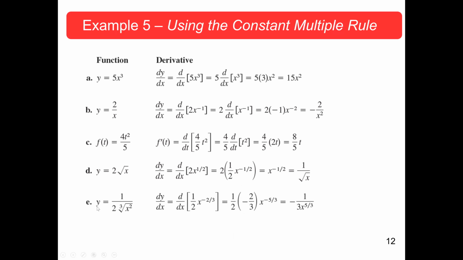Next, we have y equal to 1 over 2 cube root of x squared. Again, here our constant value will be 1 over 2. So we have 1 over 2 out. Then we find the derivative of x to the power negative 2/3. Why negative 2/3? Because x squared with the cube root, they are all denominator.